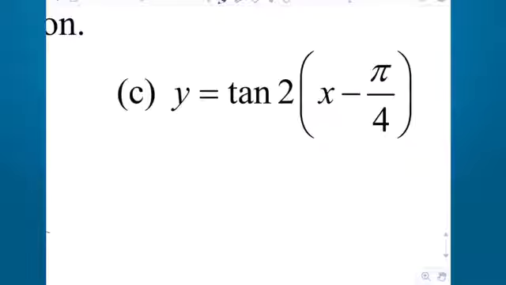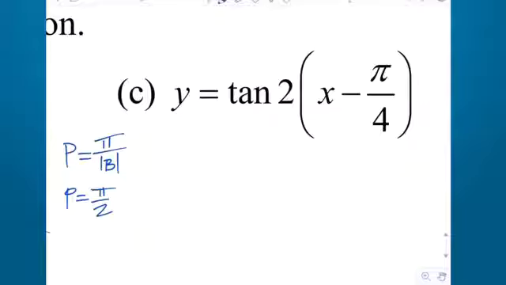That's going to change the period. So if typically we see 1 cycle between 0 and pi, and now we're compressing it by a factor of 2, remember that's going to tell you the number of cycles now in pi. So we're going to see 2 cycles. So in general, the period is the old period divided by the number of cycles you're trying to squeeze into that space, which is your absolute value of b. So what's the new period here? Pi halves.